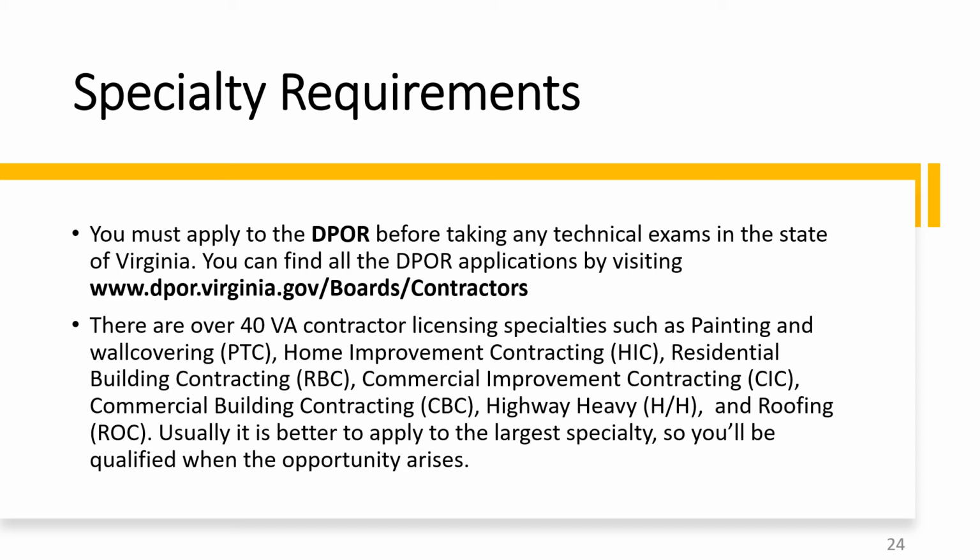There are over 40 Virginia contractor licensing specialties, such as painting and wall covering, home improvement contracting, residential building contracting, commercial improvement contracting, commercial building contracting, highway heavy, and roofing. Usually it is better to apply to the largest specialty so you'll be qualified when the opportunity arises.